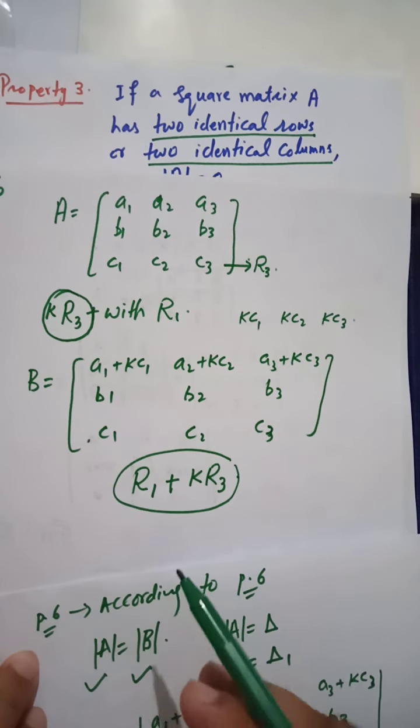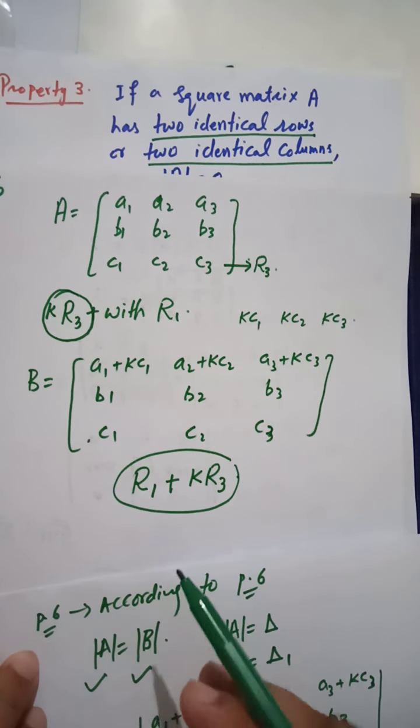Now property number 7. If every element in a row or a column of a square matrix is 0. Property number 7, the last property. Let's say we have a matrix A: 4, 5, 0, 7, 6, 0, 7, minus 1, 0. You see that the whole column is 0.